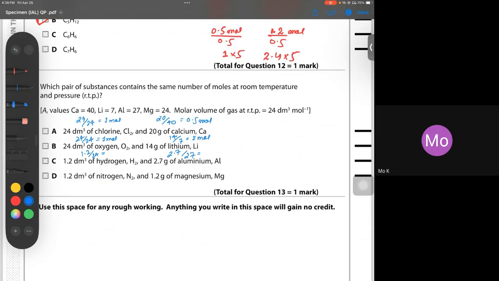No, they're not. 100% D is correct, but we have to calculate it. 1.2 divided by 24, because the atomic mass of magnesium is 24. So D is your correct option, because they are having the same number of moles.